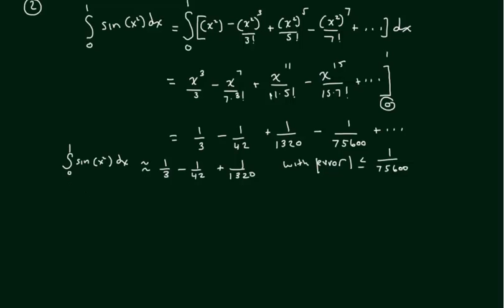And we have to ask ourselves, how did we know to stop here? Well, you can see this is clearly 0.3 repeating. This decimal here, the 1 over 42, in magnitude is 0.0238, which clearly contributes to the 4th decimal place. The next decimal approximation is 0.00076, and this still contributes to the 4th decimal place.